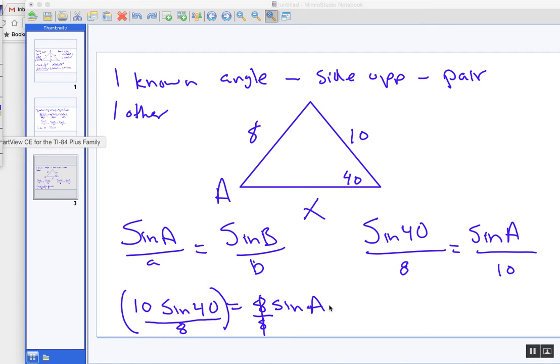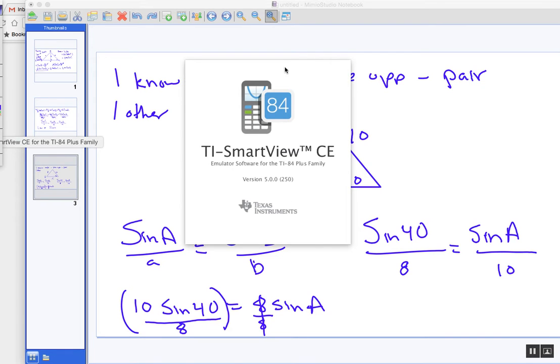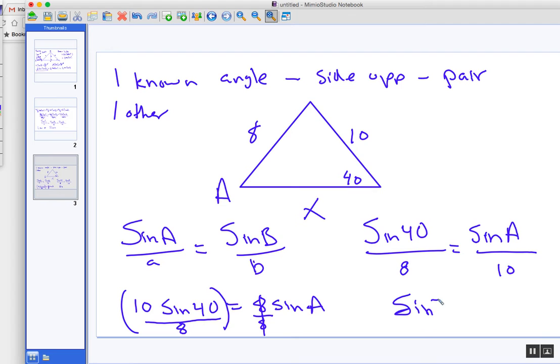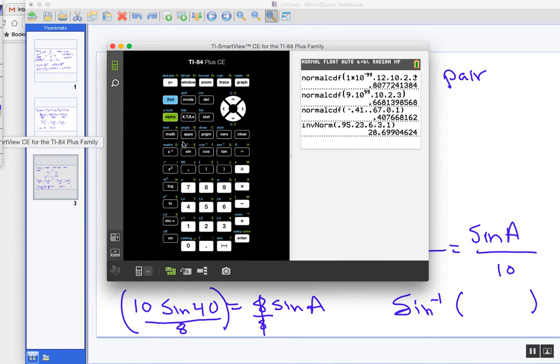But in this case, we are solving for an angle, not a side. So anytime you are solving for an angle on your calculator, that's when you have to use your inverse sine function, because that's saying, give me the angle whose sine has a ratio of this value. So that's when we use that.